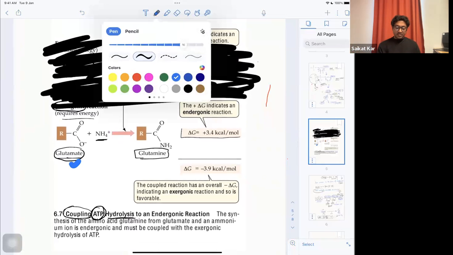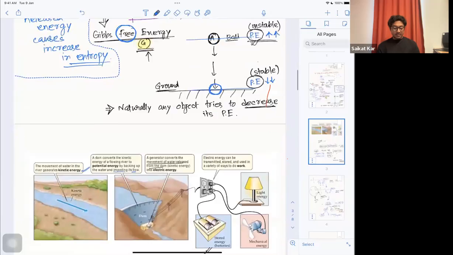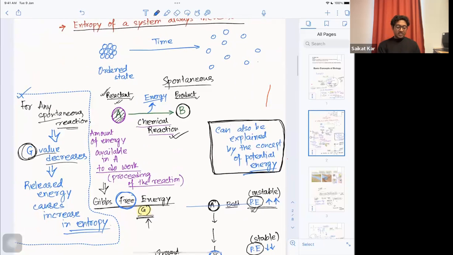In this reaction, you can find that the del G, that means the G of glutamine, is more than the G of glutamate. That's why the number is positive. But a positive number shouldn't happen, because the general idea is that for any reaction to occur, G should decrease.